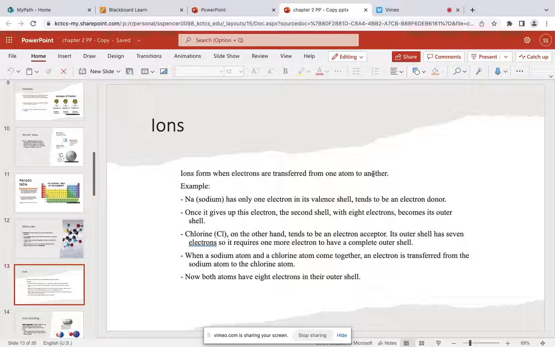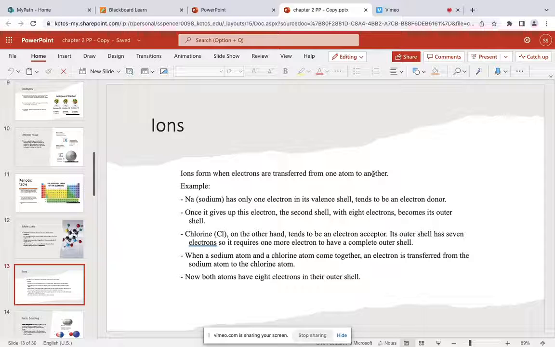For example, if I were to have an element that has two protons and two electrons, again, we know that to be helium, right? We know that to be helium because helium's atomic number is 2, meaning that it has 2 protons, and we know that it likes to be neutral, so therefore it must have 2 electrons.